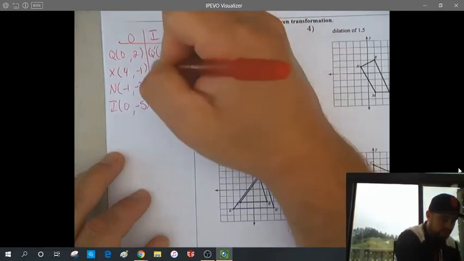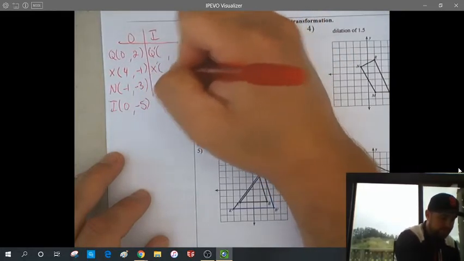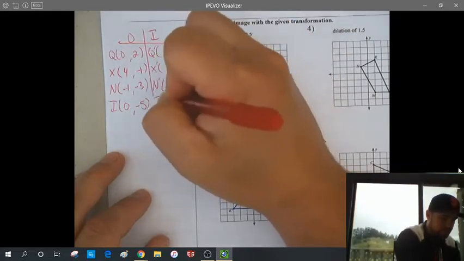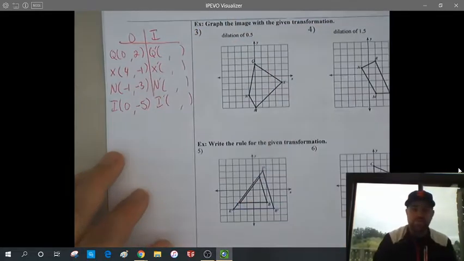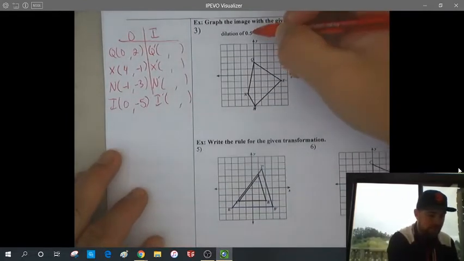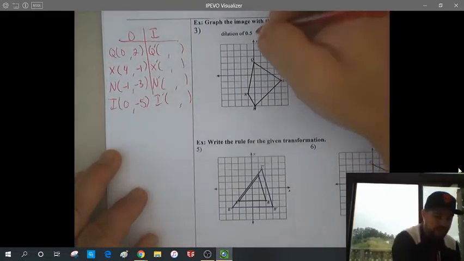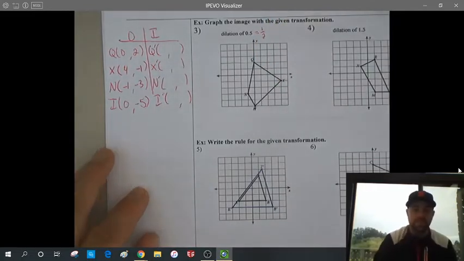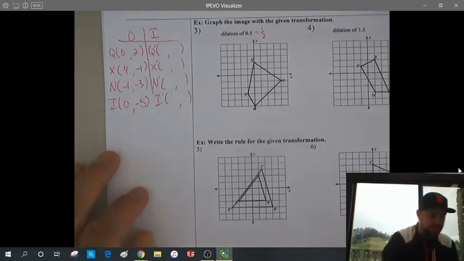Okay, so then the primes of each of those after I've applied the scale factor, this time it's by 0.5. So multiplying by 0.5 is the same thing as multiplying by 1/2, or dividing by 2. So I'm basically going to divide all of my x and y values by 2.